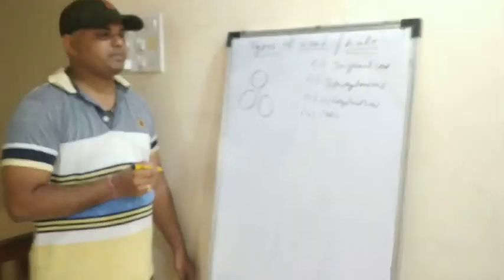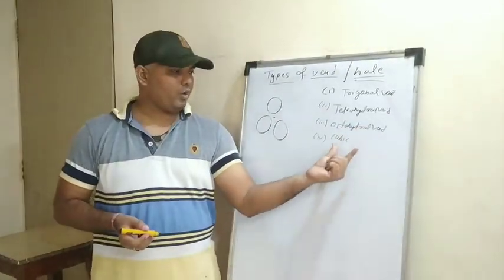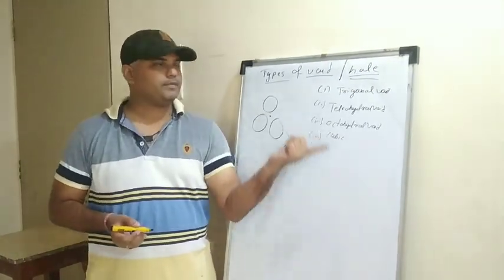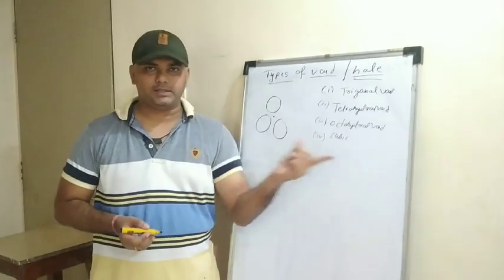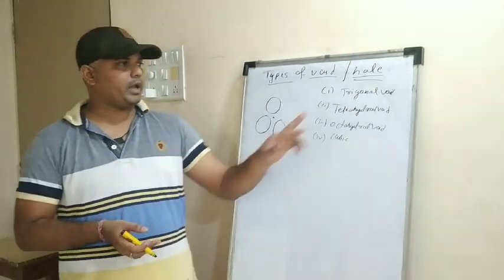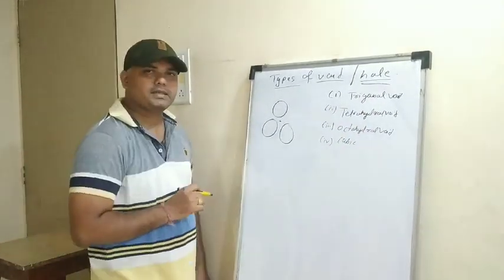Right? See, this is a very important concept, and most of the time problems are asked on these types of voids. Even a 2 mark question can be asked: what are the types of void? Trigonal, tetrahedral, octahedral and cubic void. So let's understand one by one.